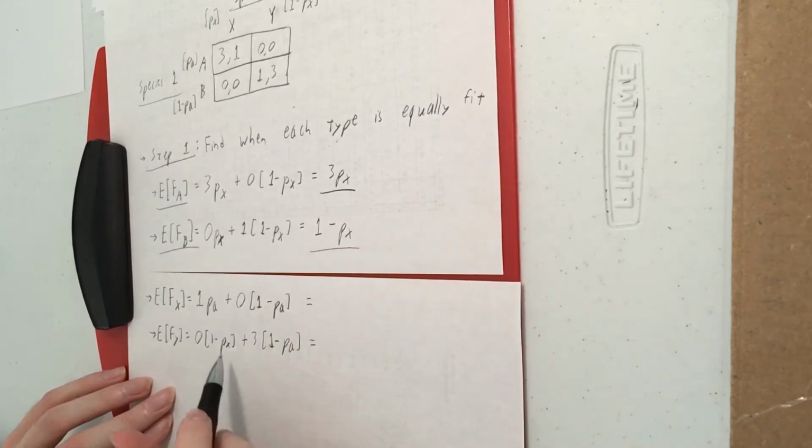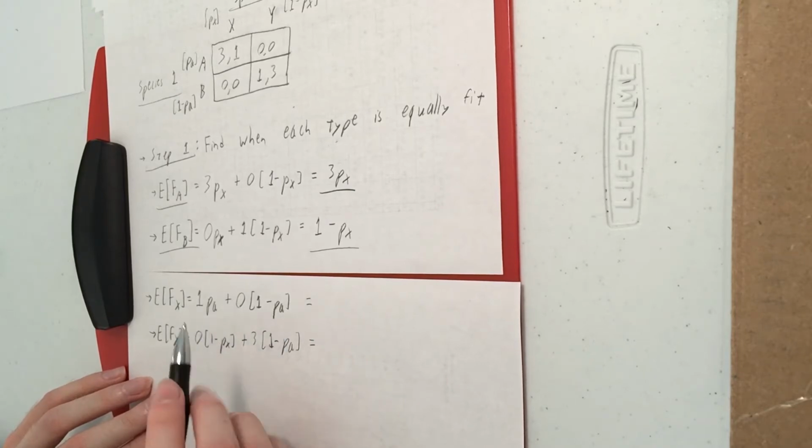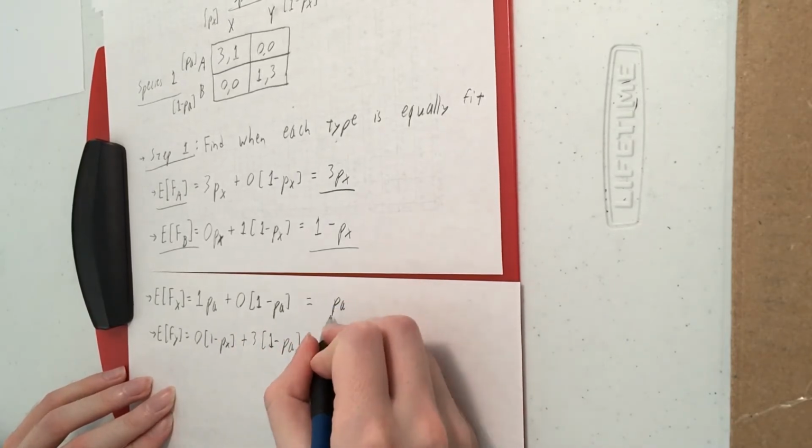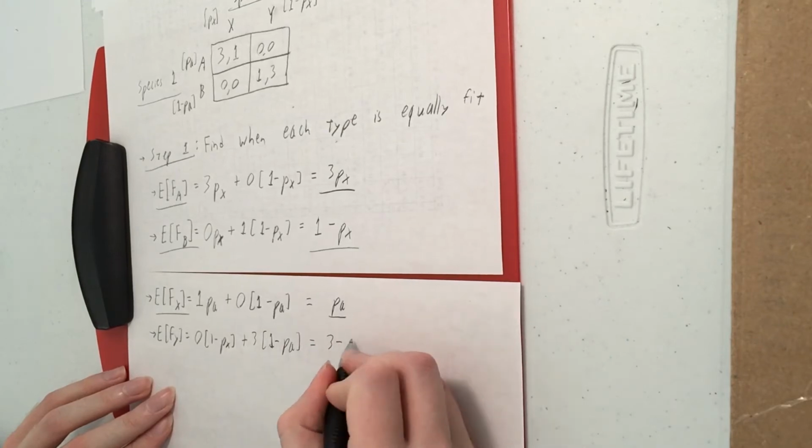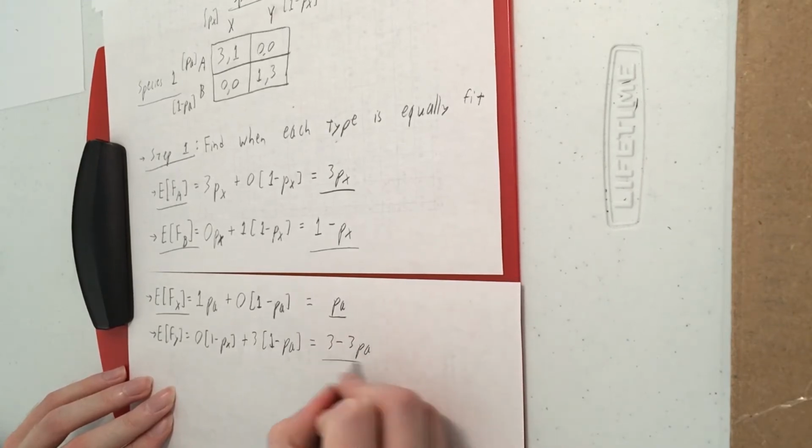So let's simplify. This 0 is going to knock out that term. We're left with just PA here. Here the 0 is going to knock out that term. Distribute 3 through, and we get 3 minus 3PA.